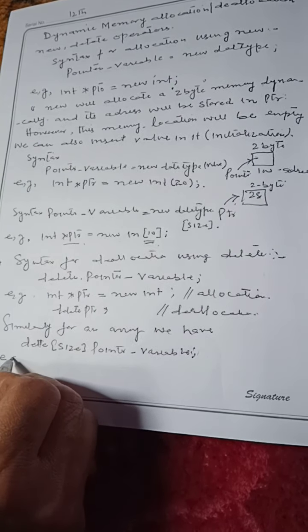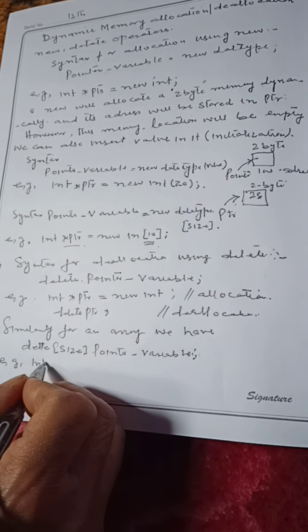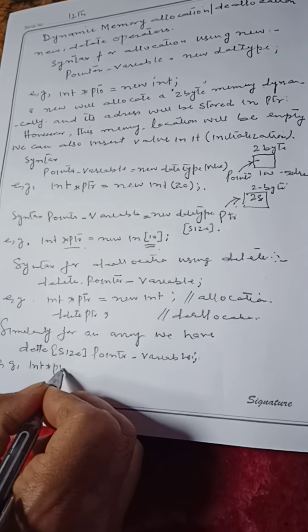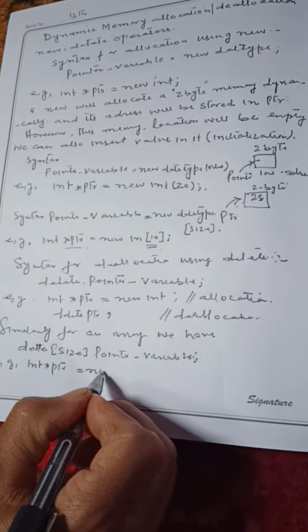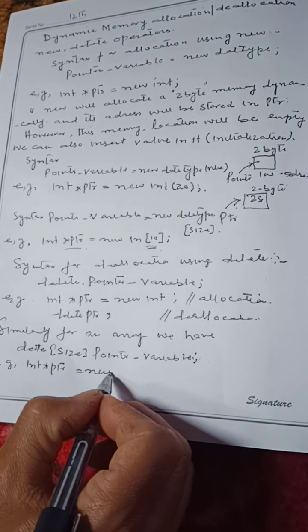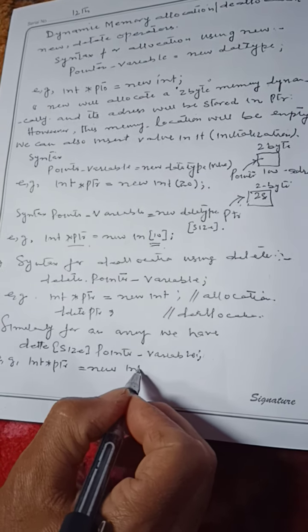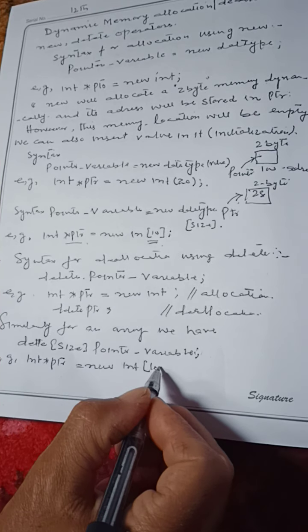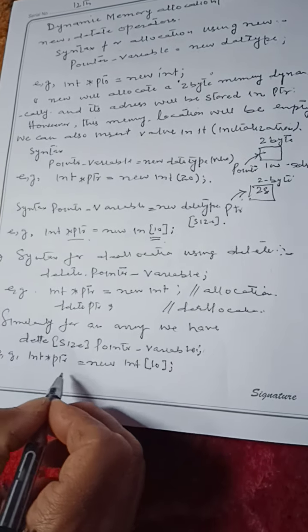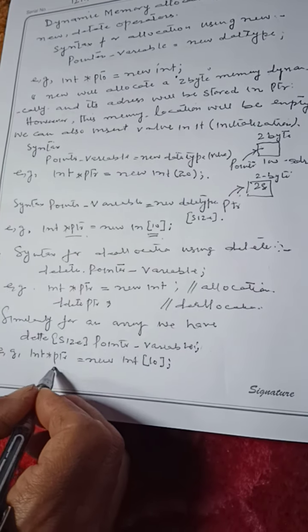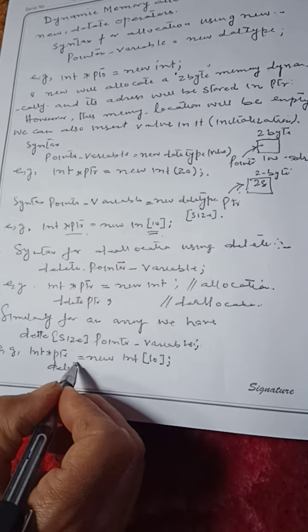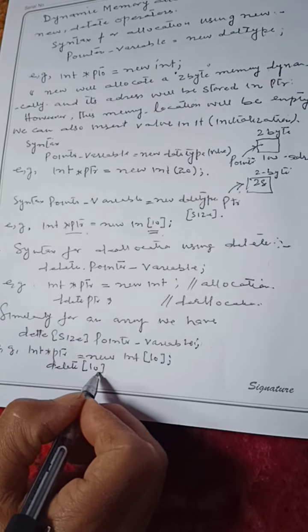For example, integer pointer is equal to new integer 10. Here it is delete 10 pointer.